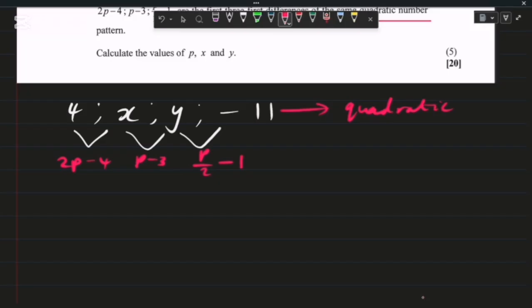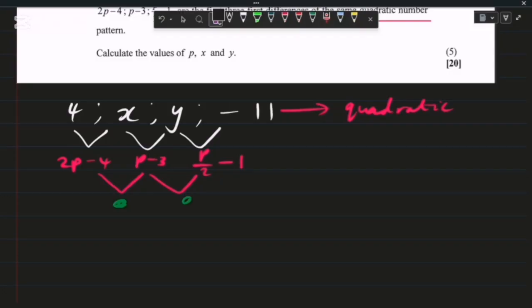So in other words, if I take this guy and then that guy, the values that I will have for this and that have to be the same, because they told me that this is a quadratic pattern.